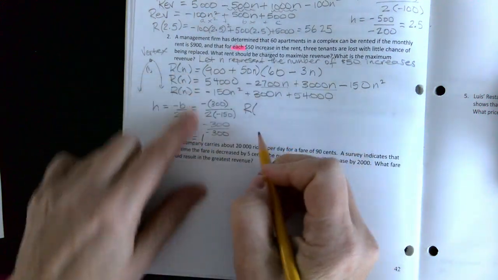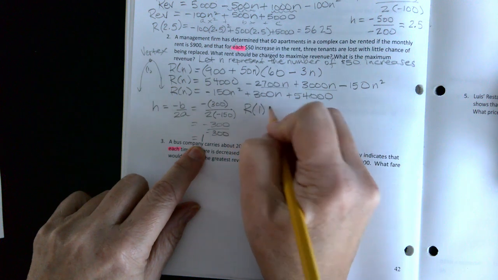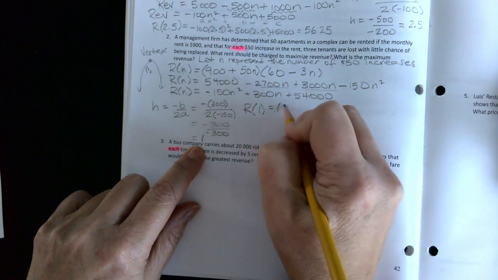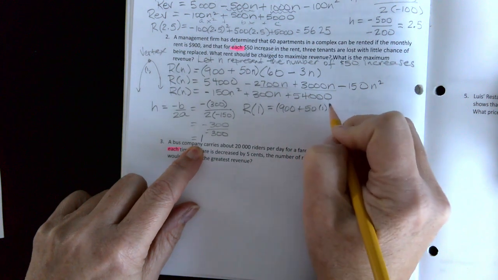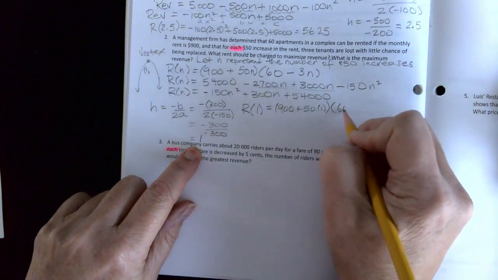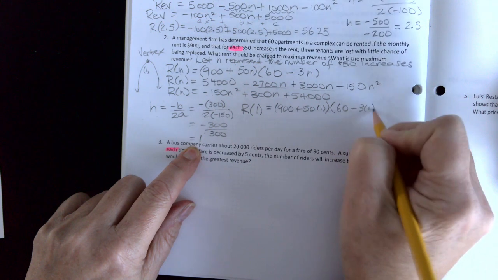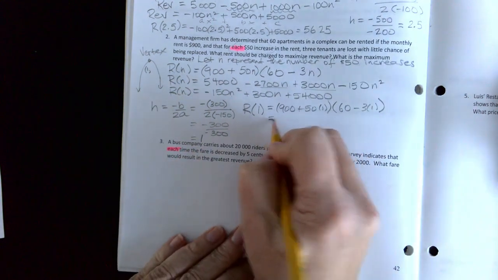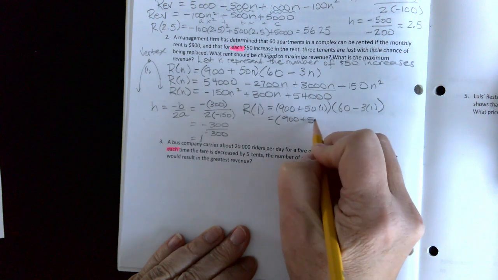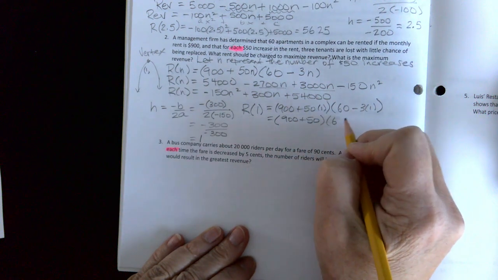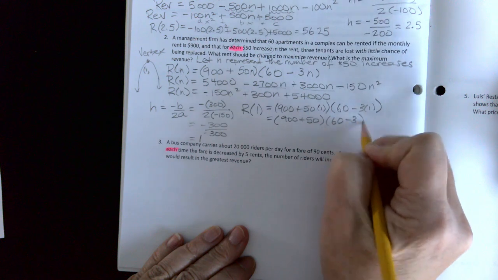So revenue when n is 1 is 900 plus 50 times 1, 60 minus 3 times 1. 50 times 1 is just 50, and 3 times 1 is just 3.